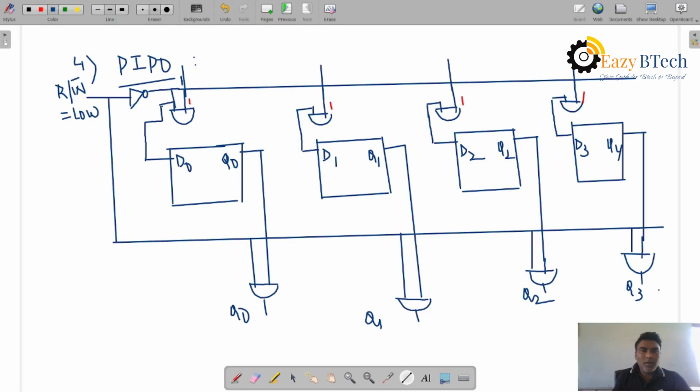The parallel input data is taken. Let me take this path.